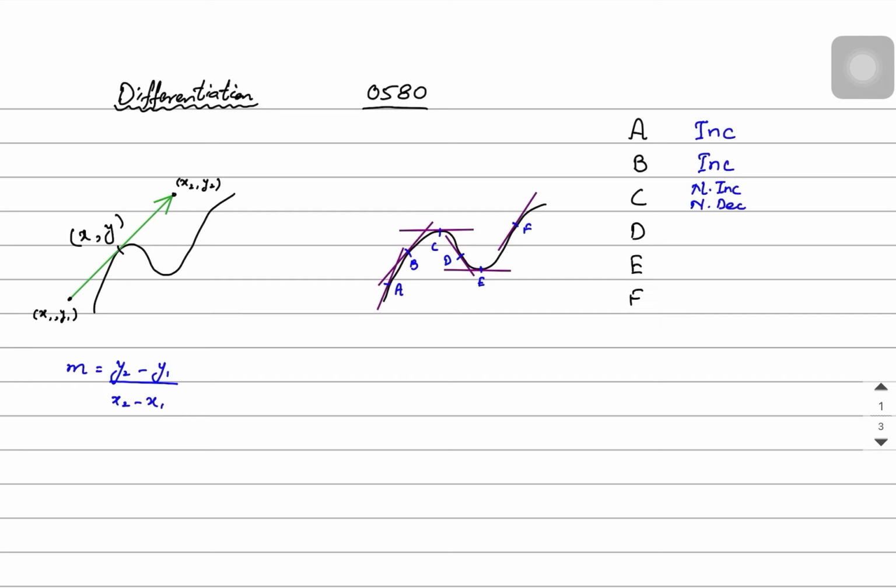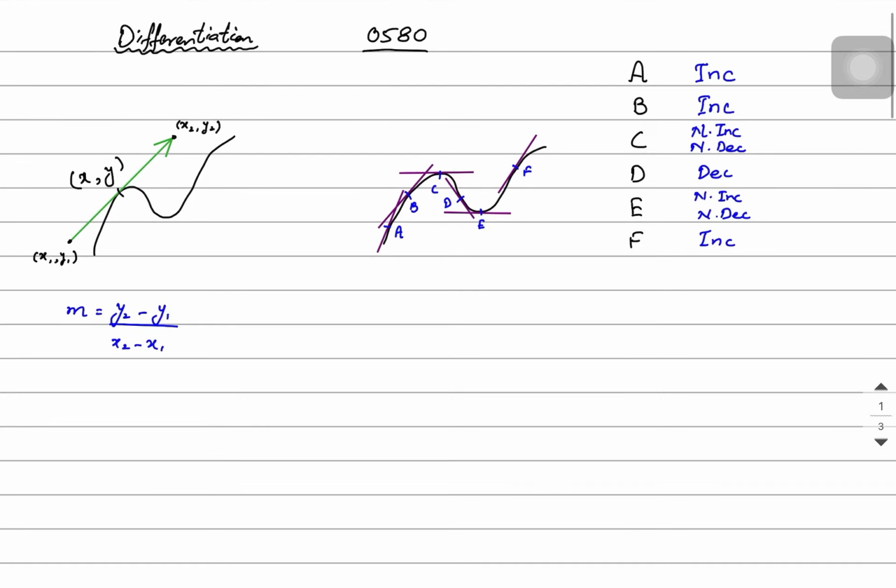What about D? At D it's decreasing. At E again it's neither increasing nor decreasing. What about point F? Again it's increasing. So we can clearly see that we have different patterns at different points.